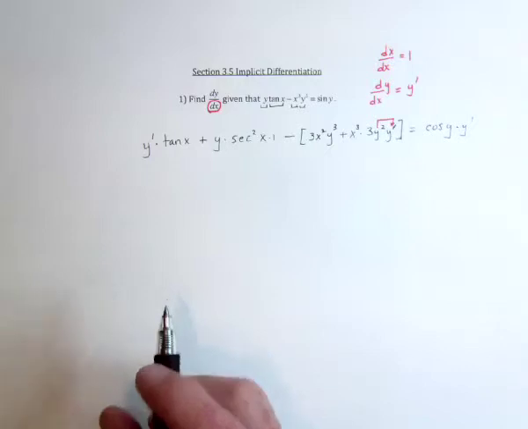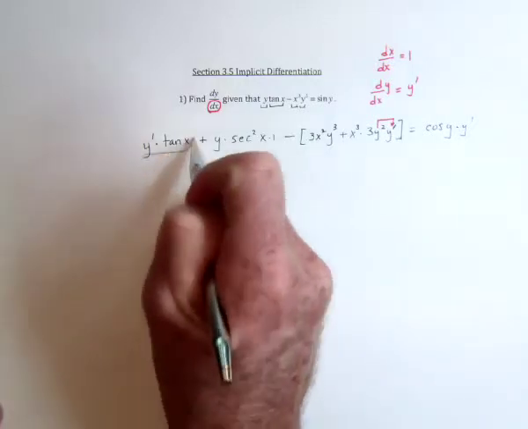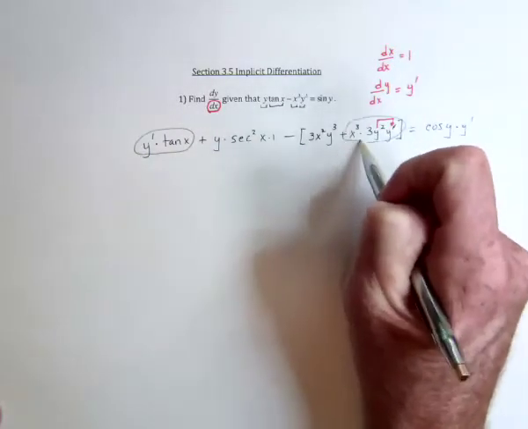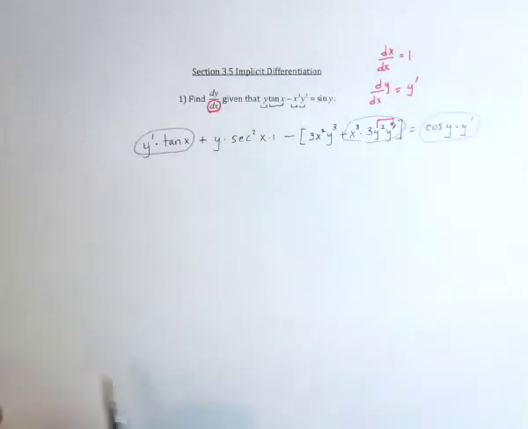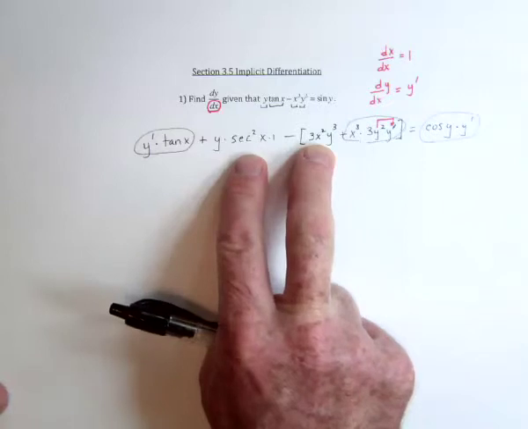So we've done the calculus part. Now we need to do algebra, because there is this term, and this term that all have y prime. So what we need to do is collect all three of those terms on one side, and these other terms need to move to the right hand side.